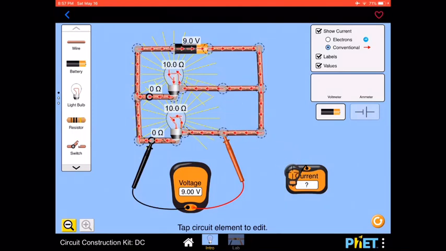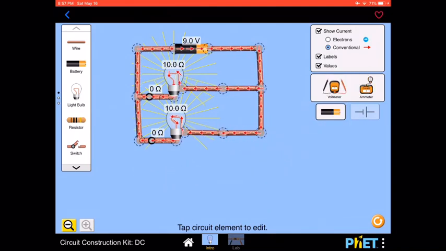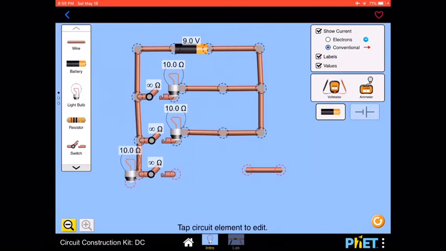Right, now let's go and have 3 resistors in parallel. So I have one more now. Let's open that. Have another switch, another bulb.